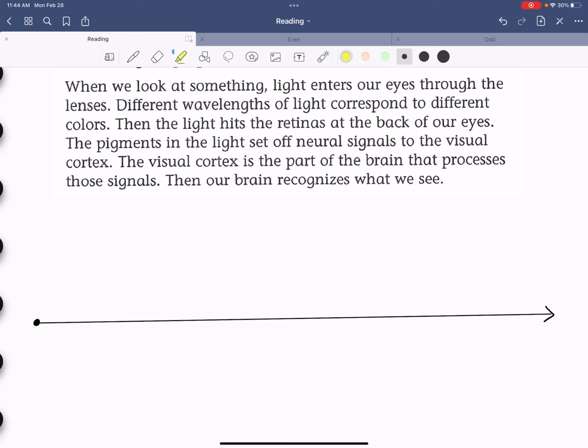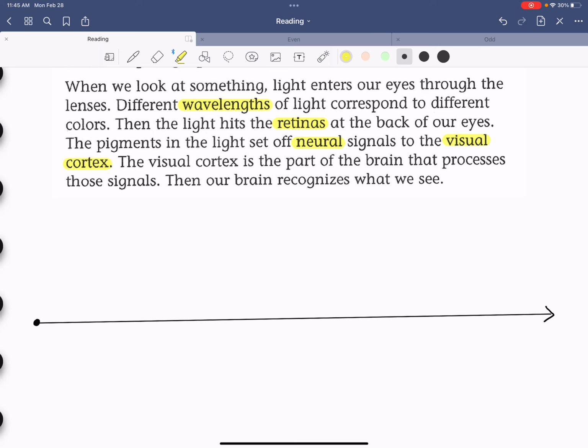The next thing that jumps out at me is the number of scientific words in this passage. I would call retina a scientific word, neural, cortex, visual, maybe even wavelengths.